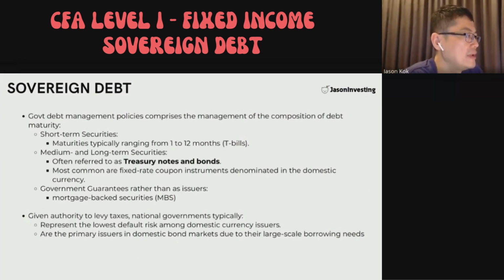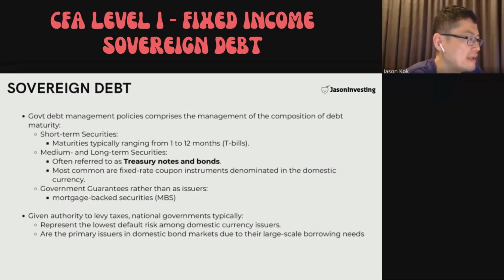The most common form of government debt is fixed income coupon instruments denominated in their respective domestic currencies. That doesn't mean they do not have floating rate or inflation-linked bonds or other types of bonds, but fixed rate is the most common.